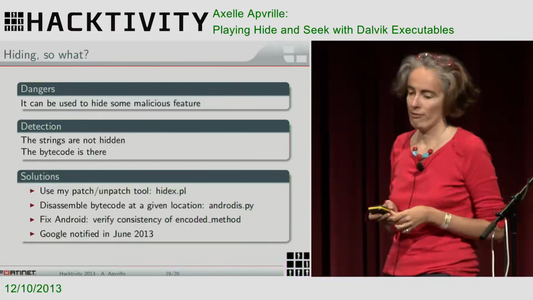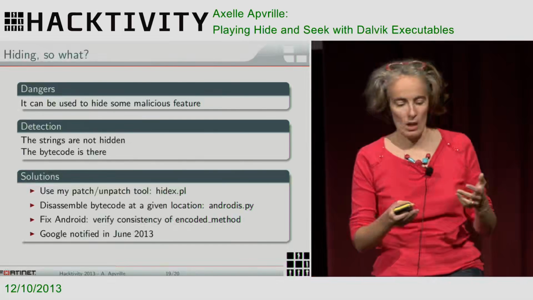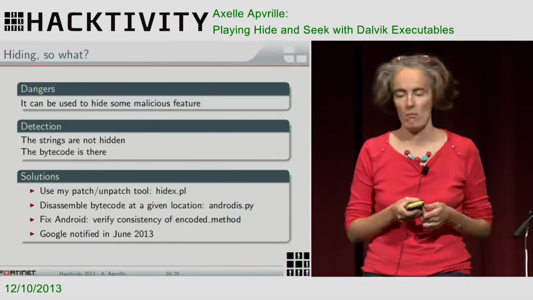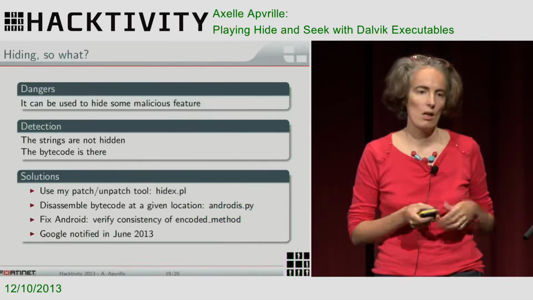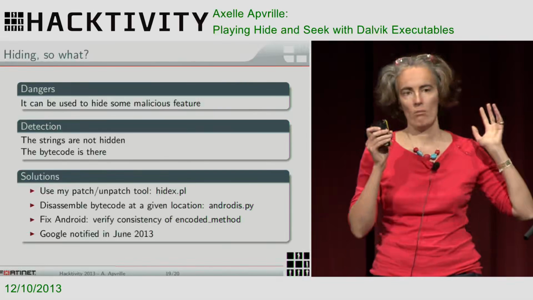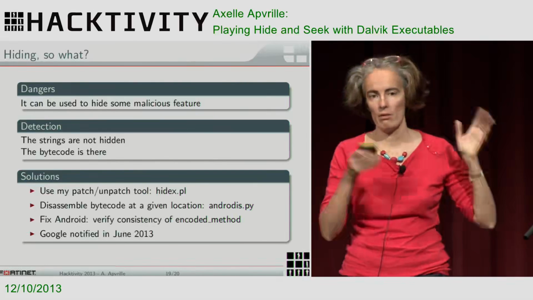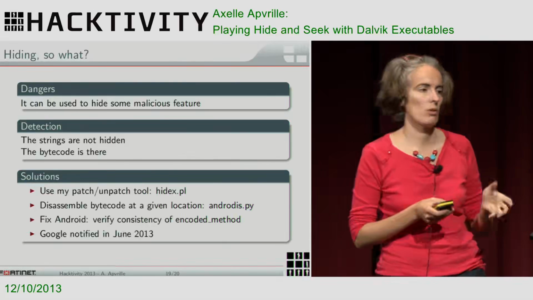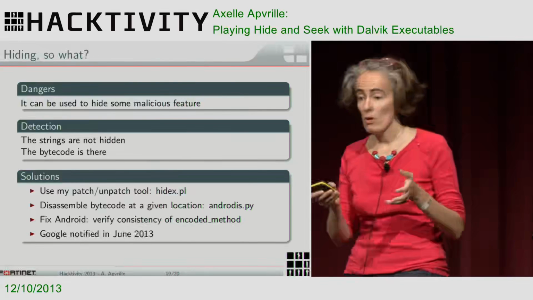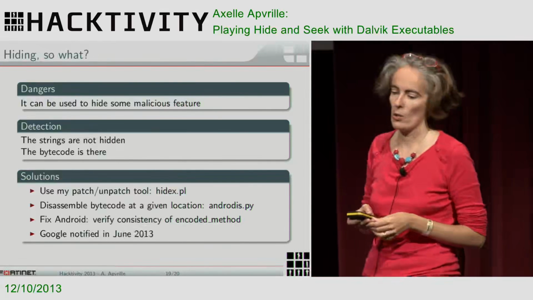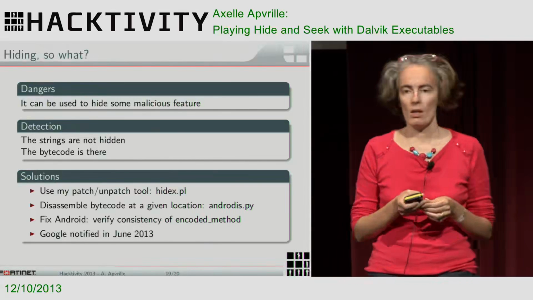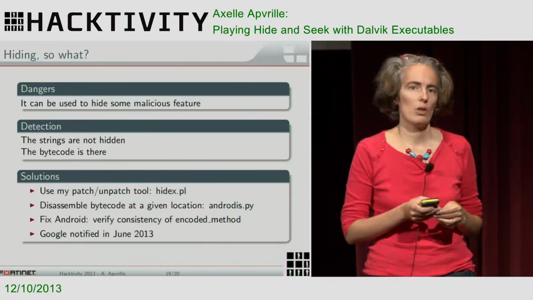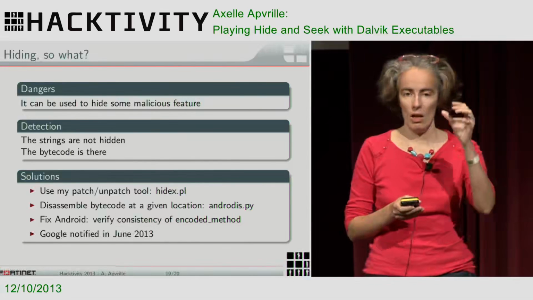So if you want to detect it, of course, you can use my tool that I'll be releasing, hidex.pl, which can either hide a method or unhide it. That's one solution. Also, if you know where the code offset of the hidden method is, you can disassemble that particular offset.